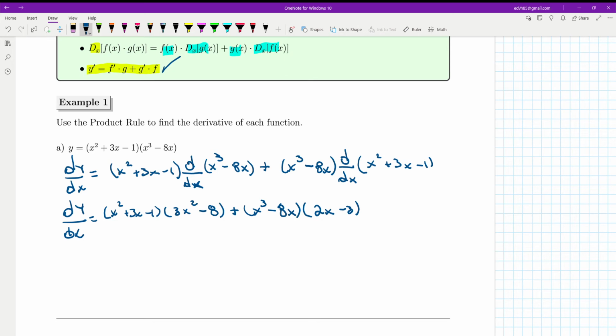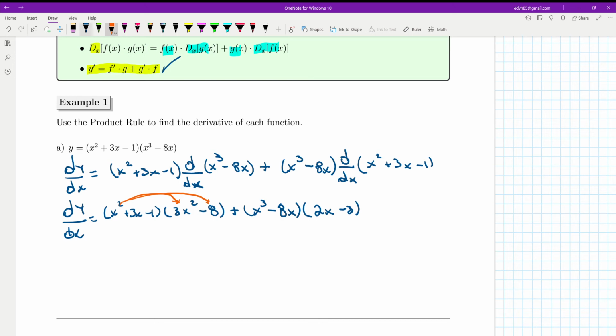What I would like to make sure of here is that you are able to identify and use the product rule. However, our homework system might ask you to simplify this, and what we're going to do here may take a while, so we would have to distribute all this.